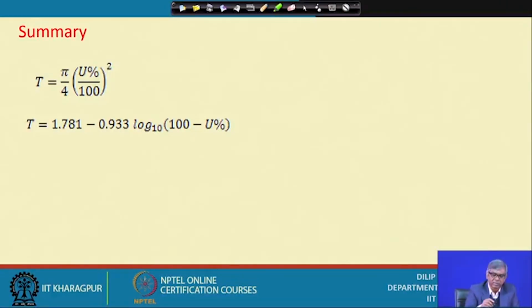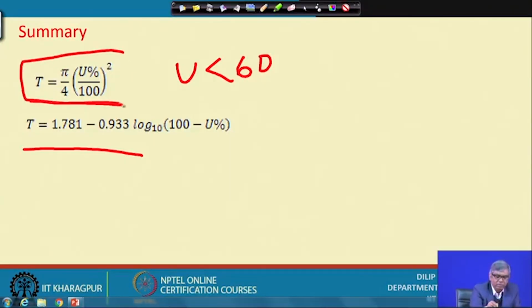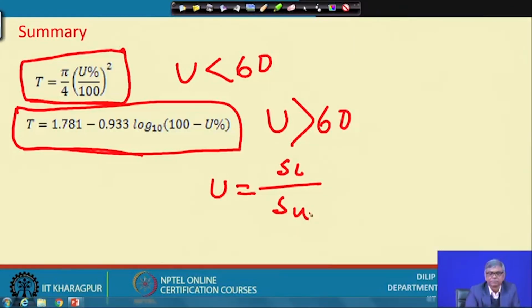The most important thing to remember is that you can find the time factor, which can be expressed in terms of U. If U is less than 60%, T versus U can be fitted by this equation, and if U is greater than 60%, then T versus U can be fitted by this equation. And U is the settlement at any time divided by the ultimate settlement.